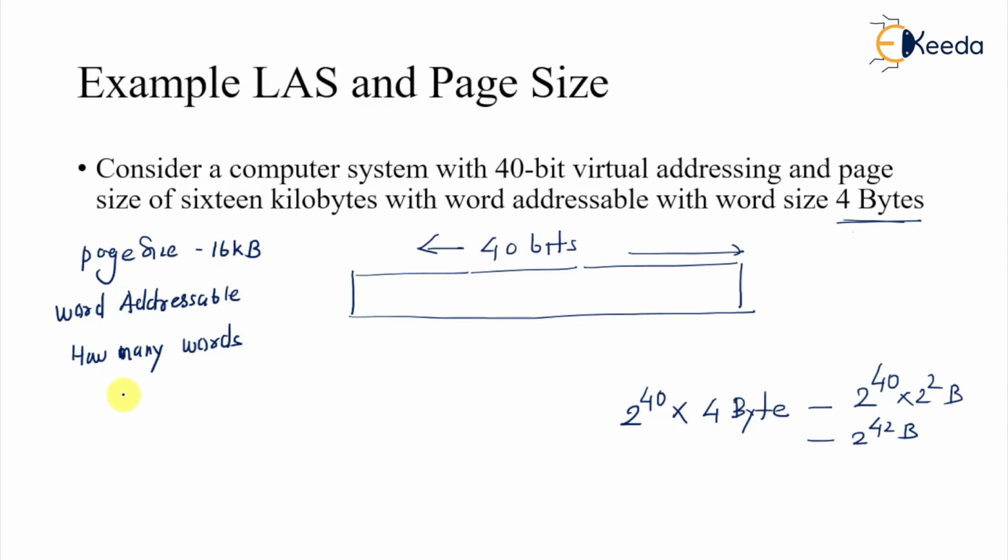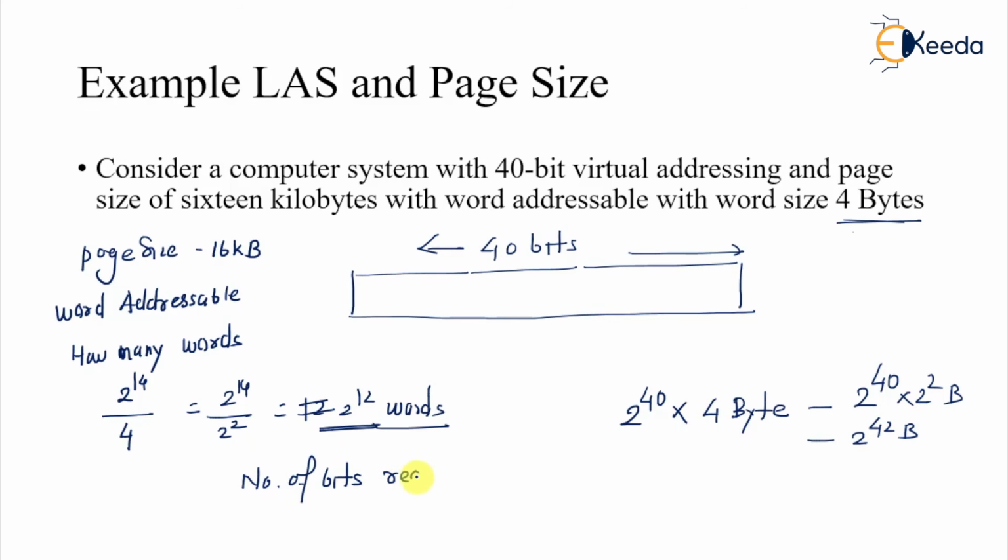So what will happen here? 2 to the power 14 divided by 4, which is 2 to the power 14 divided by 2 to the power 2, and that becomes 2 to the power 12. So now we have 2 to the power 12 words, and to get a single word, how many bits are required? Log base 2 of 2 to the power 12, because one address will now refer to one word, ceiling function of it.